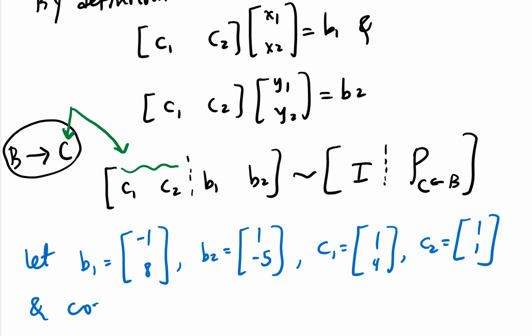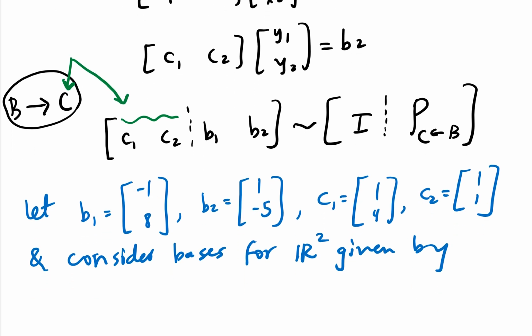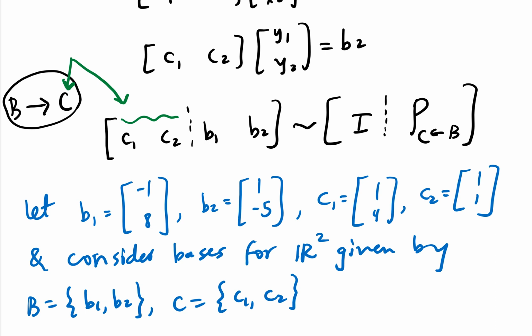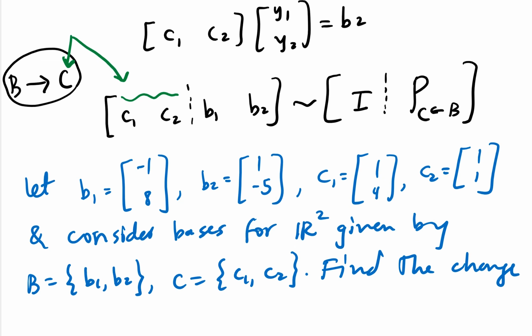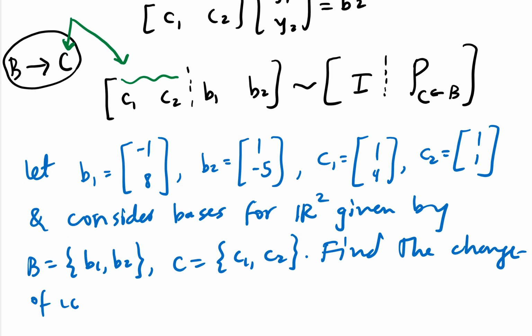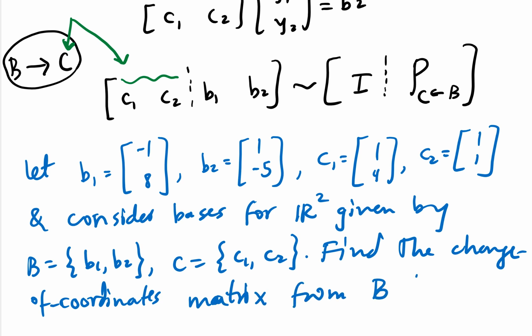And consider bases for R2 given by B equals B1, B2, and C equals C1, C2. Find the change of coordinates matrix from B to C.